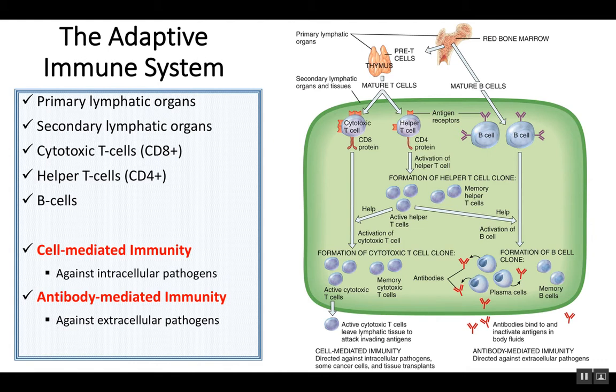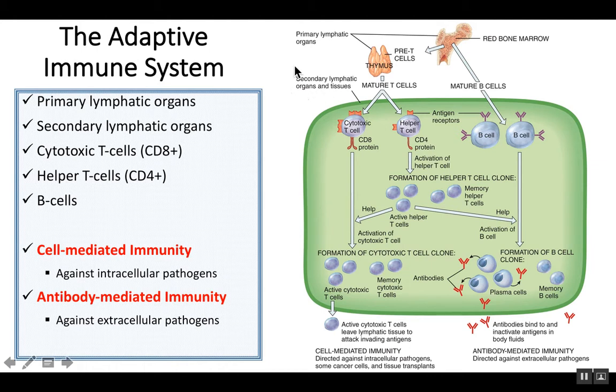B lymphocytes are ready to go. So when B lymphocytes leave your bone marrow, they are mature. They're ready to go. Where do they go? They go to what's called secondary lymphatic organs and tissues. Those include lymph nodes, the spleen, tonsils, and other lymphatic tissues.